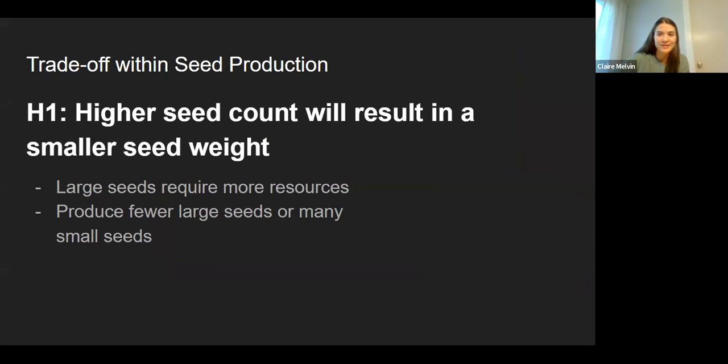So we know that these plants produce a lot of seeds, but when they're producing a lot of seeds, will they be producing few large seeds or many small seeds? And I predicted that higher seed count will result in a smaller seed weight and seed size because they're investing more resources in producing more numbers of seeds versus larger seeds.